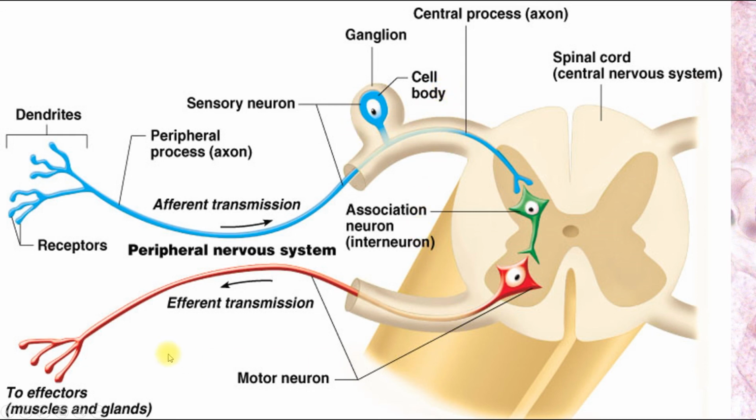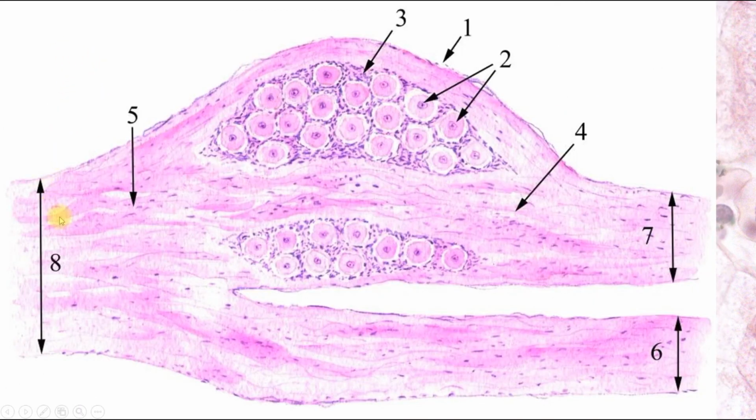It's peripheral nervous system and it's central nervous system. CNS provides processing of information, and peripheral nervous system provides conduction of information and communication between CNS and peripheral organs. And let's look at the structure of spinal ganglion.